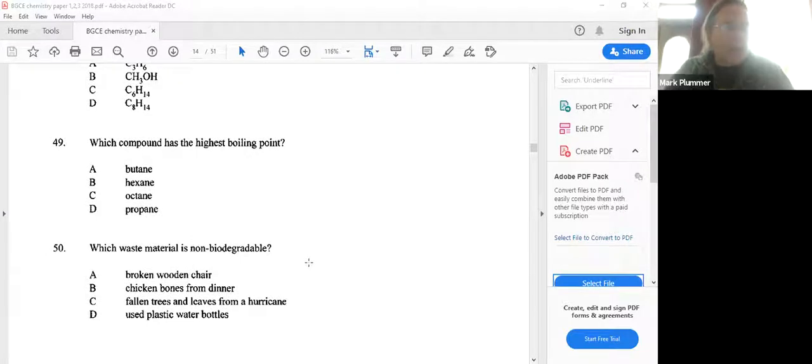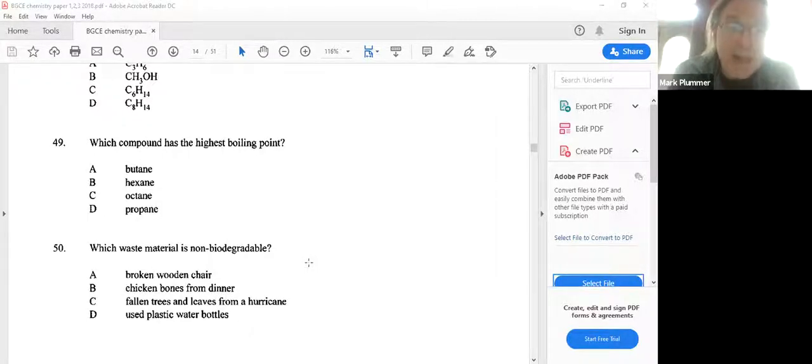Okay, number 50, which is non-biodegradable? Well, I make compost at home for the garden. We know all three, A, B, and C, are biodegradable. But letter D is not, because plastic at the moment isn't biodegradable, as far as I know.